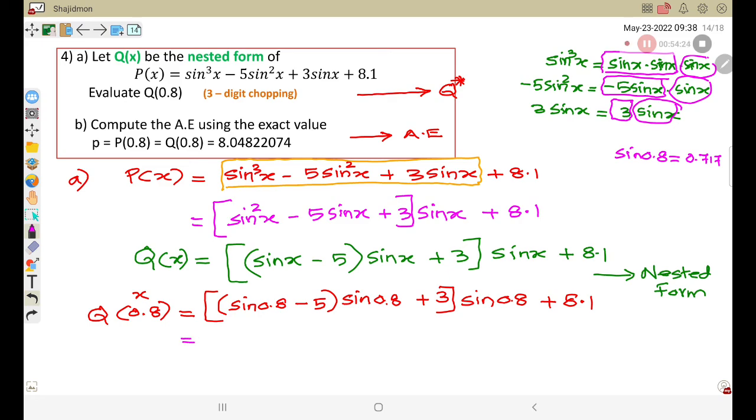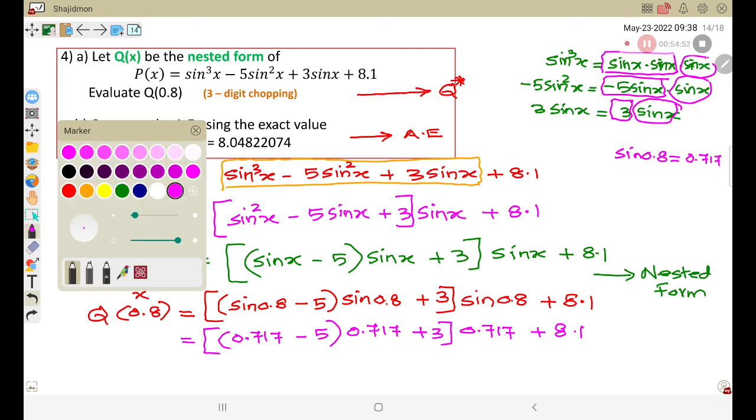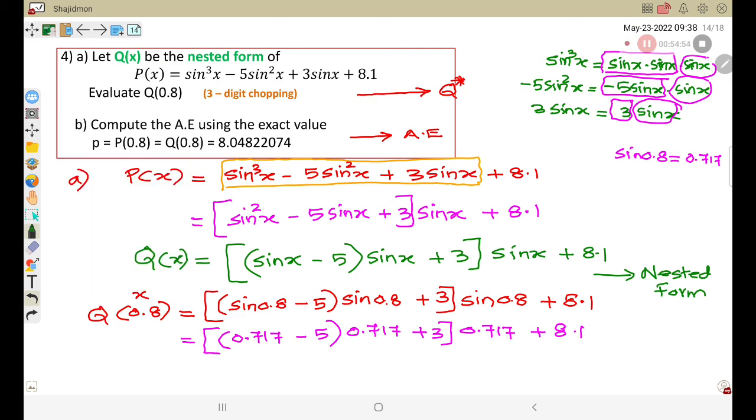So I can replace all the sin 0.8 first: 0.717 minus 5, multiply 0.717 plus 3, multiply 0.717 plus 8.1. All the sin 0.8 I replaced with the 3-digit chopping number 0.717.